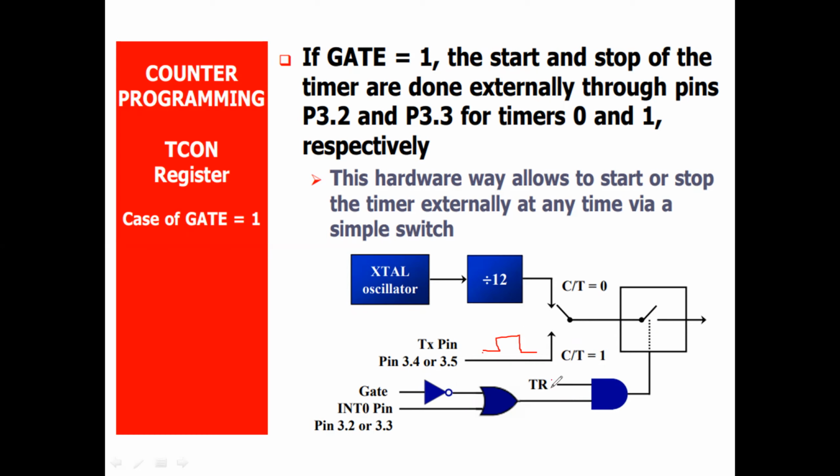One is by the software method: if gate equals 0, by switching on with TR0 equals 1, we can start your counter. Otherwise, if gate equals 1, that is, if this particular pin is 1, based on the external input, the timer will start. This is very rarely used.